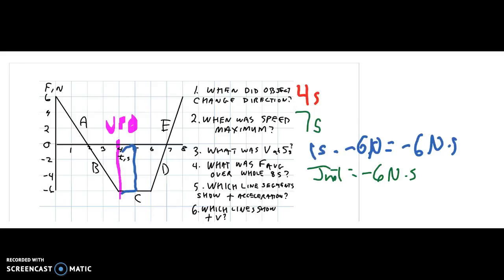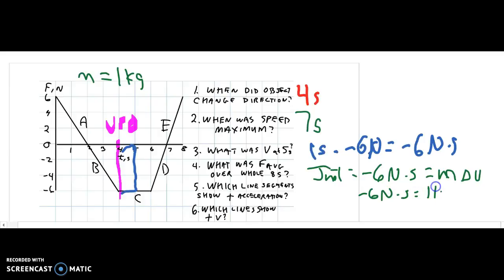But if I want to find the velocity, that is equal to m delta v. Right? We don't have the mass, so let's just pick 1 kilogram for this problem, but you need the mass. Make it a little bit easier, so negative 6 newtons times seconds equals 1 kilogram times the change in velocity.